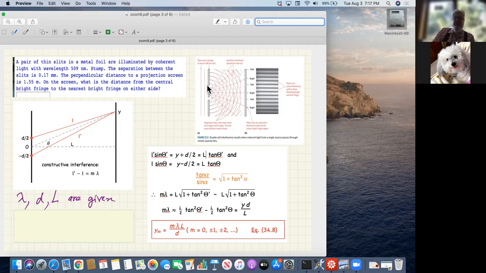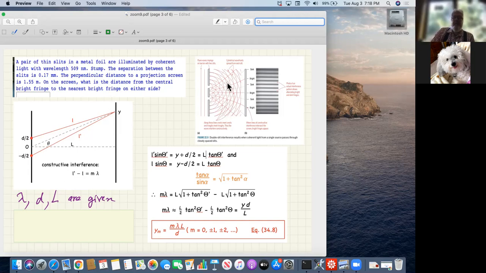So if we had two thin slits and light incident on that, we'll have two sources of light on the other side, spreading out from the two openings. And where they overlap, you have constructive or destructive interference.